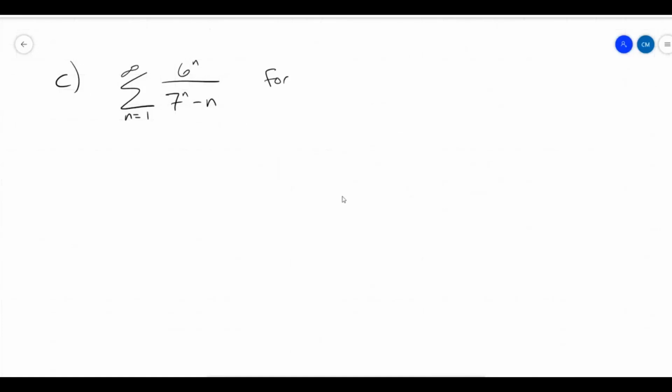Anyway, regardless, we still start exactly the same way. So for large n, 6 to the n over 7 to the n minus n, and this works the same way for exponential functions. The exponential function dominates any other type of function, for example, a polynomial function like that n. And so we neglect all lower powers or slower growing terms and realize that this is that.